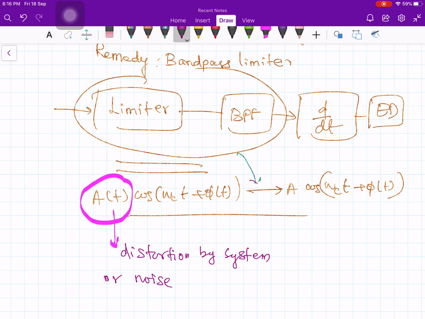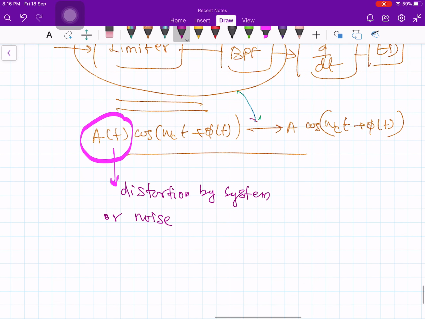Otherwise it will be A only. Whatever the reason, we would like to kill any amplitude variations present. At the same time we would like to get the FM signal back intact, and that's what a bandpass filter does for us.